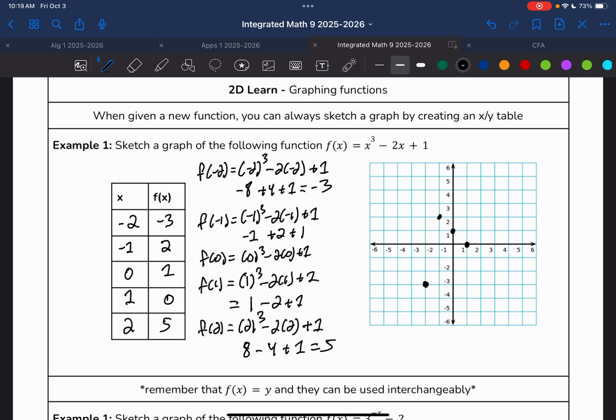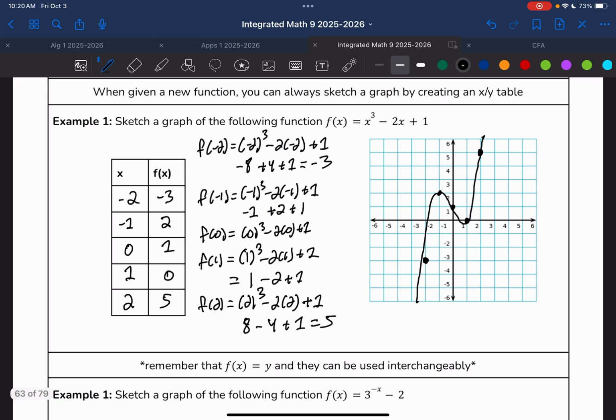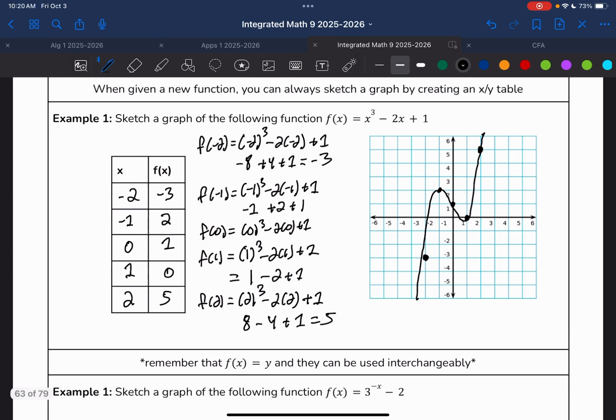And then 2, 5 is going to be up here. Just based on that, we can guess that this function is going to look something like this. That may not be exactly spot on, but it's a pretty good estimate of what it's going to look like. So this is a good method to get some sense of the shape.